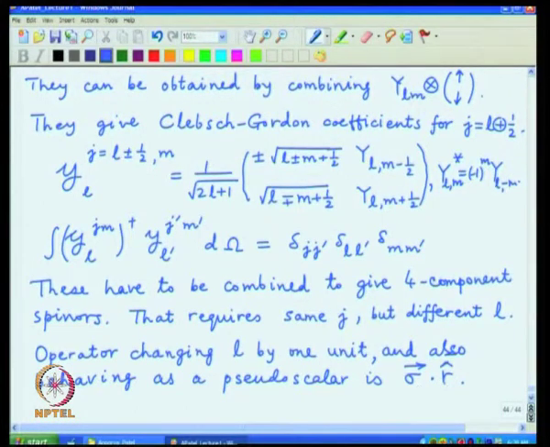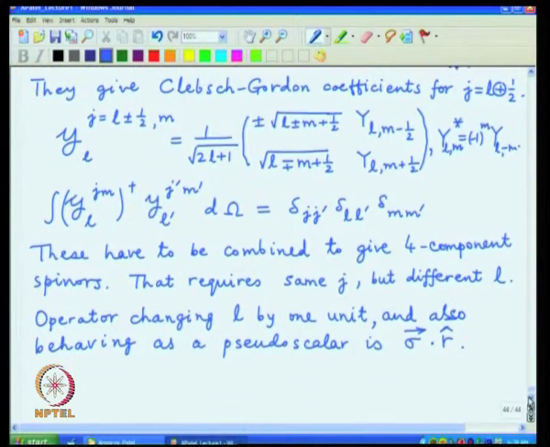These are the only variables available to it. The linearity in the radial variable ensures that L will change by 1 unit, and the vector can only be dotted with these Pauli matrices to produce a pseudo scalar, which will take into account the parity.